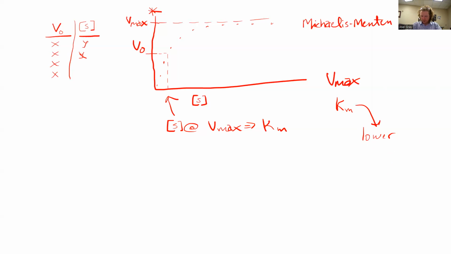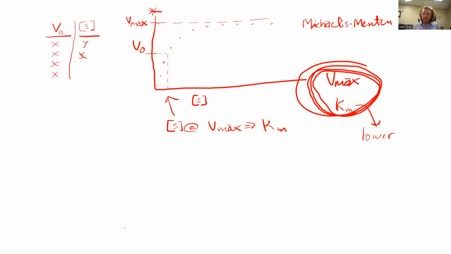The higher your Km is, the lower the affinity it has. So these are two kinetic parameters that are very important for studying enzymes, Km and Vmax. How fast can your enzyme go, and how much substrate does your enzyme need to get there is another way of looking at that.